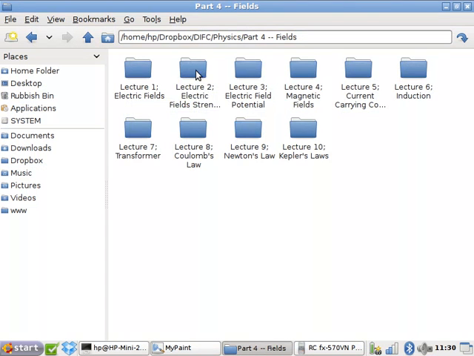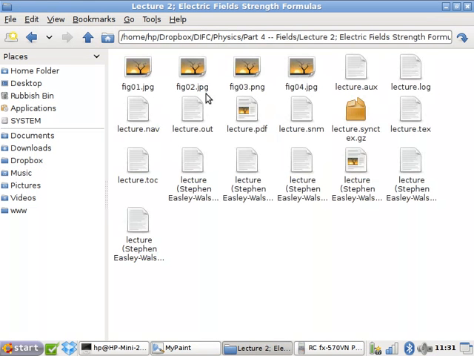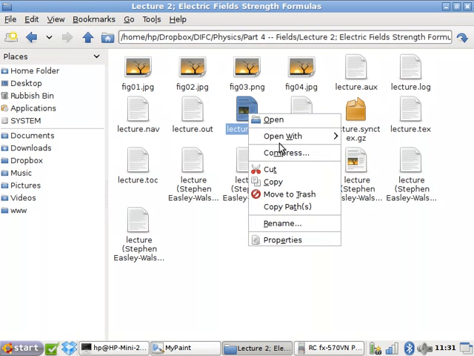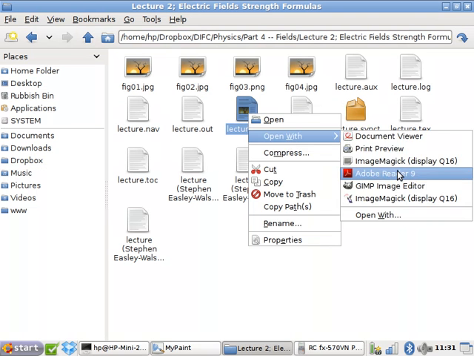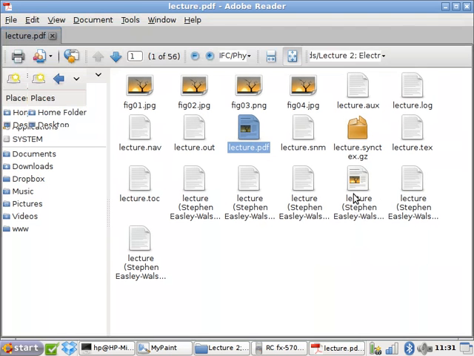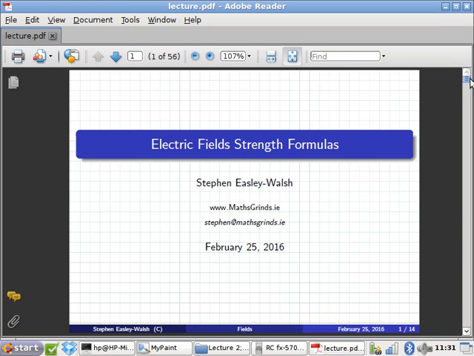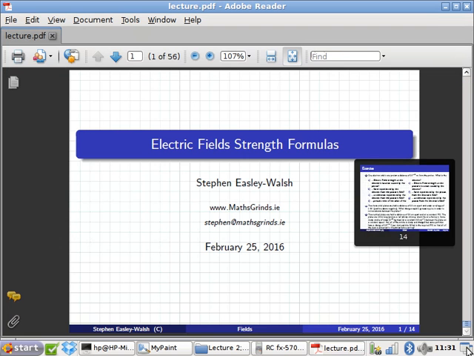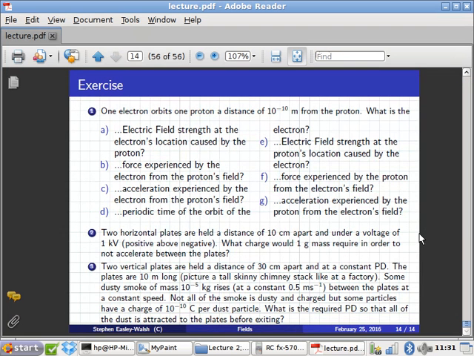Did I not do the answers for electric field strength? Okay, let's look at that. Did I? No, we did. You started, we were going to do the first one and then the next one, but we didn't do the last one.